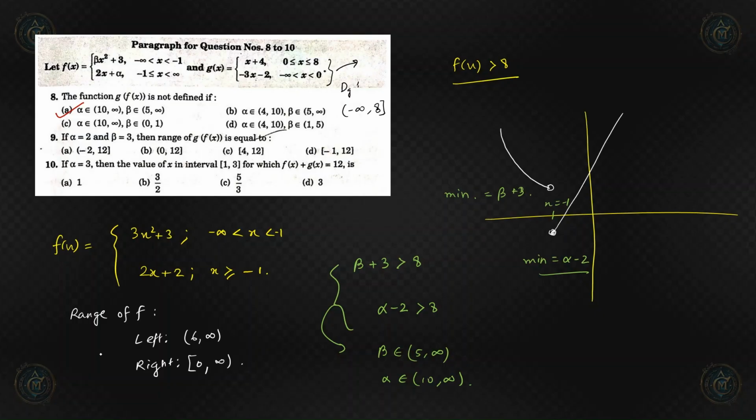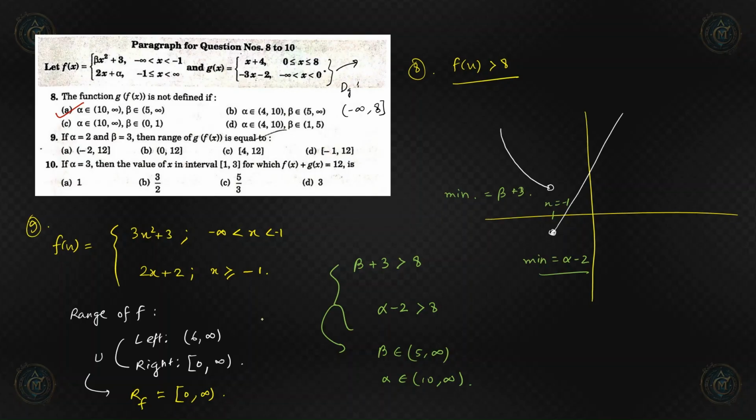If we take the union of these two cases, we get the range of f as [0, ∞). This is the ninth question, and that was the situation for the eighth question. So f(x) belongs to [0, ∞).